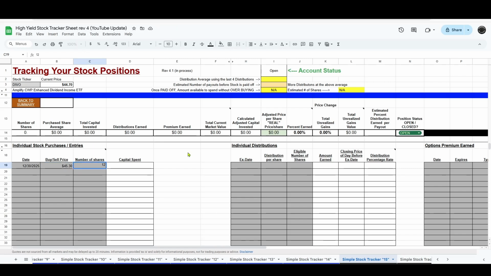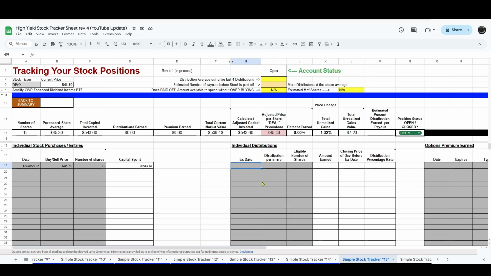So that is my initial entry into DIVO, and that gives me a real price per share of $45.30, right? Because I have not earned any distributions on it, so there's nothing to counteract the actual purchase share average. They're going to be the same because I do not have any distributions entered into this one yet.